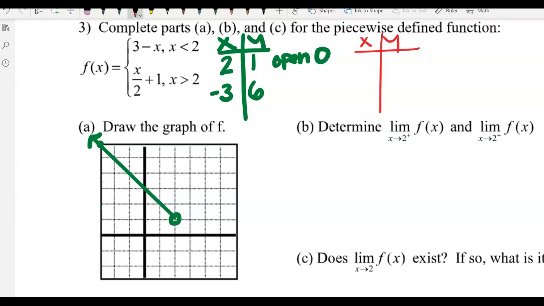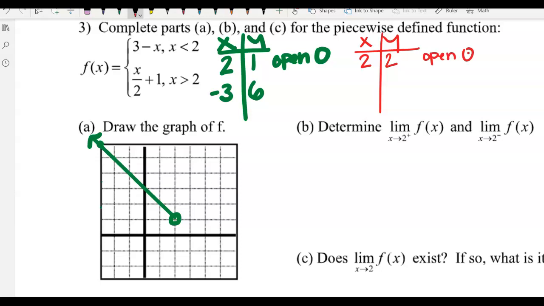And no, you don't have to use the table. If you know how to graph it, totally okay. Second piece, Tommy, what is the first x value that we have to pick? 2. Plug it in. What do you get for y? 0. 2 divided by 2, bud, is what? 2. Okay. Open circle or closed? Open. All right. Then I need another value.